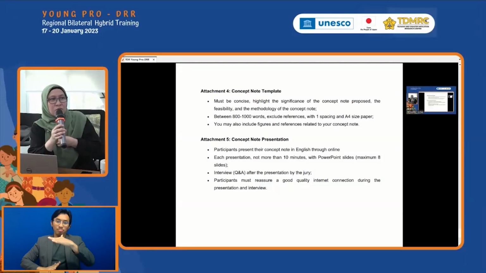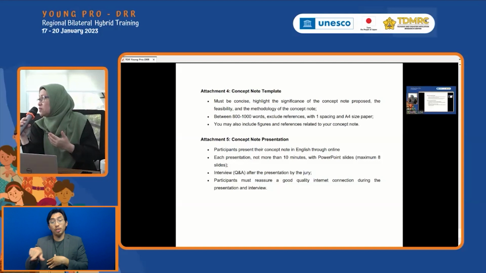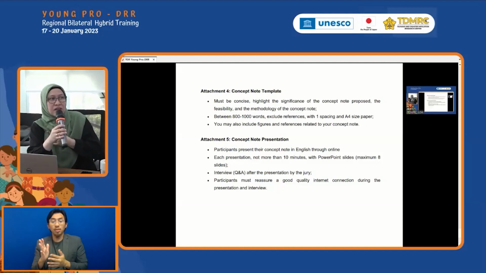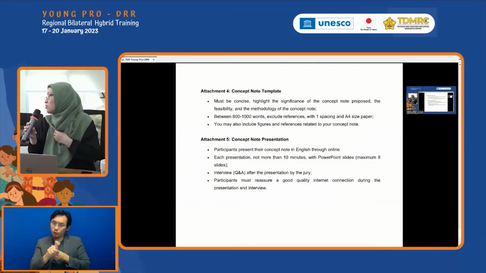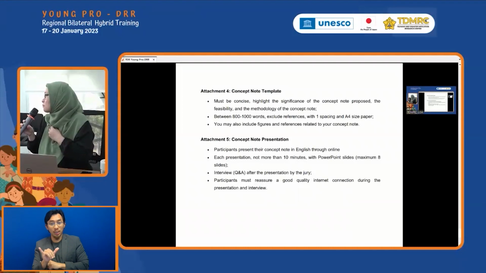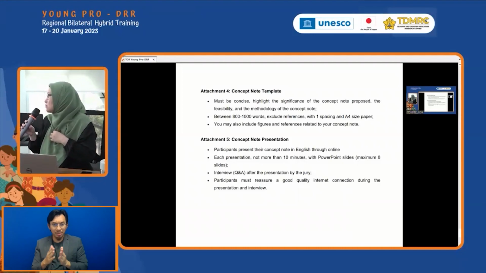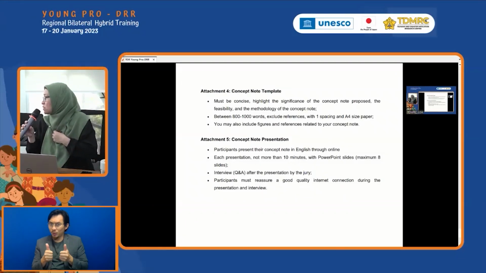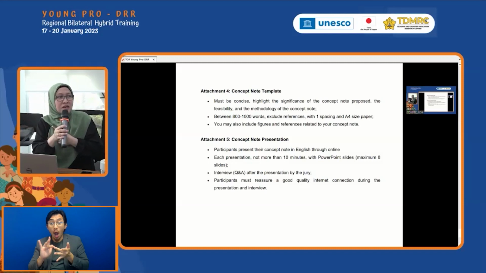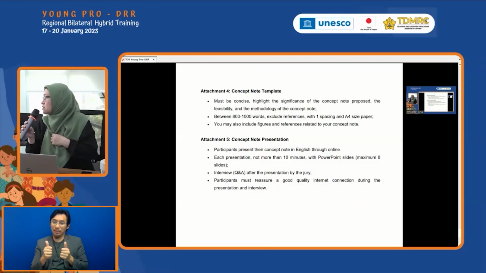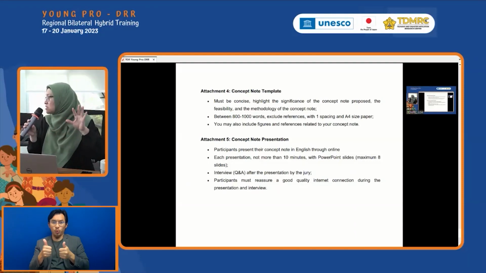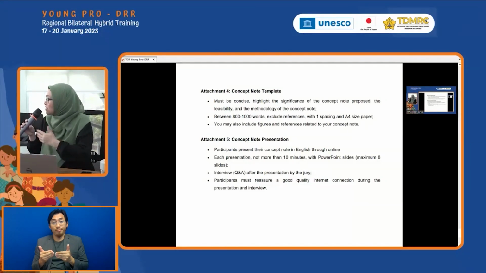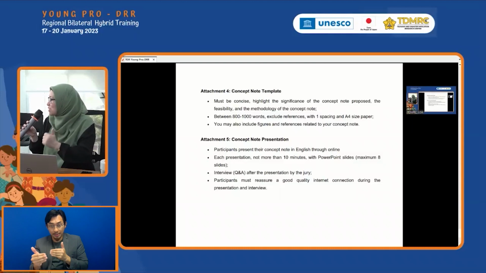After your presentation, there will be an interview, question and answers by the jury, so you also have to prepare to defend or answer all the jury's questions. And participants must ensure they have good quality internet, especially the online participants, during the presentations and interview. So that is the timeline, conditions, and requirements for the next stage for the Young Pro DRR.